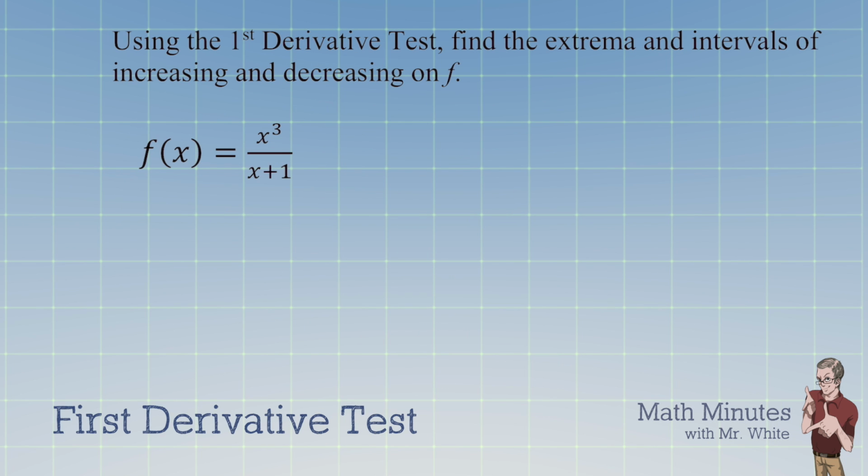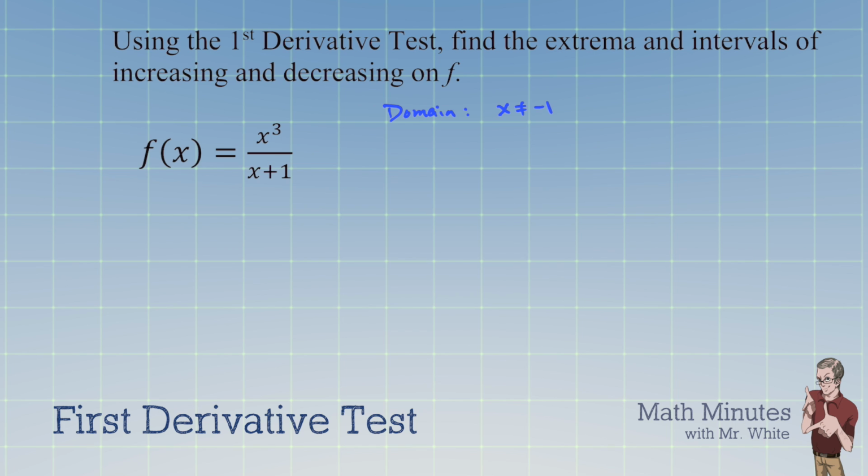All right, let's do another first derivative test, this time with a rational function where we have the ratio of two polynomials. You see there is a number we need to stay away from with regard to the domain. The domain is all real numbers, but x is not allowed to be -1 because that would cause a divide by 0 error.